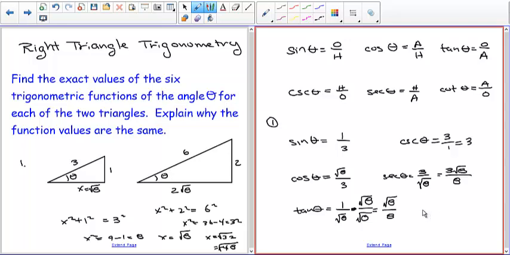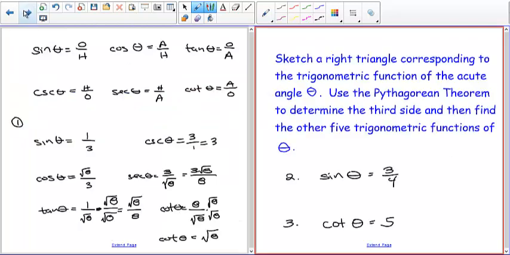And then the cotangent of theta is going to be 8 divided by the square root of 8 instead of the square root of 8 divided by 8. So you multiply by the square root of 8 in both the numerator and the denominator, and you get the cotangent, in this case, is going to be the square root of 8, because these become 8, and the 8 cancels out with that 8. We're just left with the square root of 8.